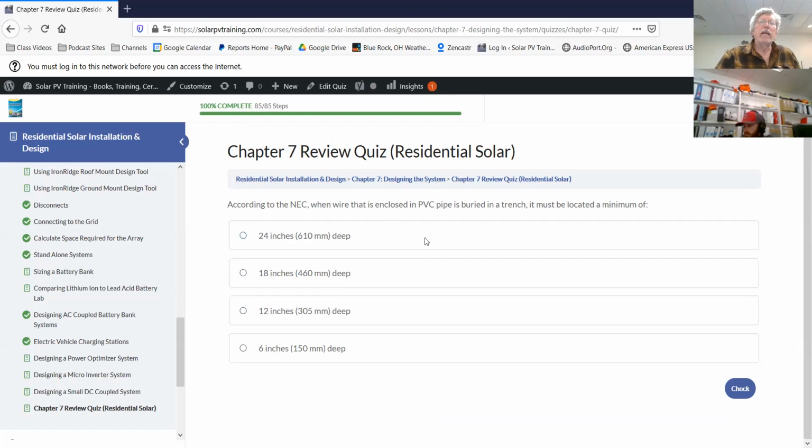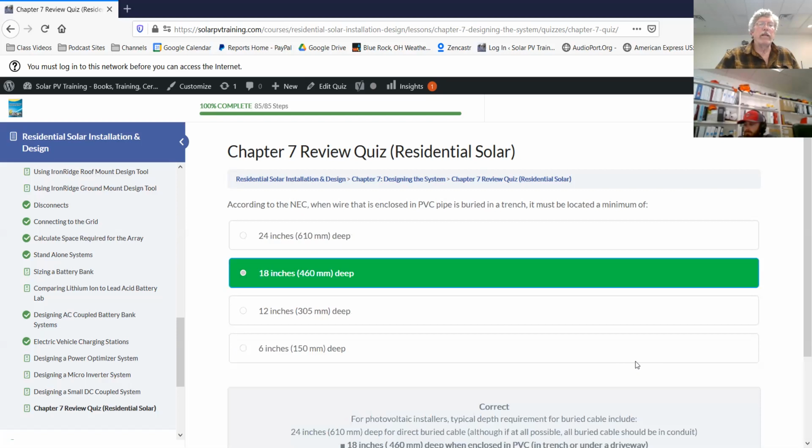According to the NEC, when wire is enclosed in a PVC pipe that's buried in a trench, it must be located a minimum of, and oh my gosh, I don't even remember this exactly. I think it's 18 inches. Pretty sure it's 18 inches. In the city of Columbus, I know they require it 24. So your local might be more than the NEC, but it will never be less, but it might be more.